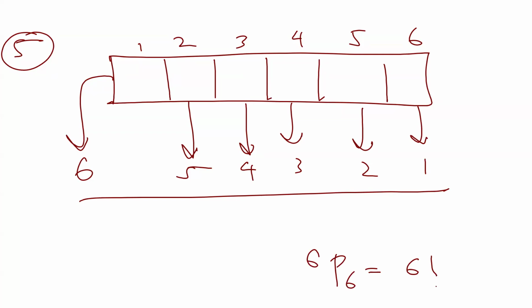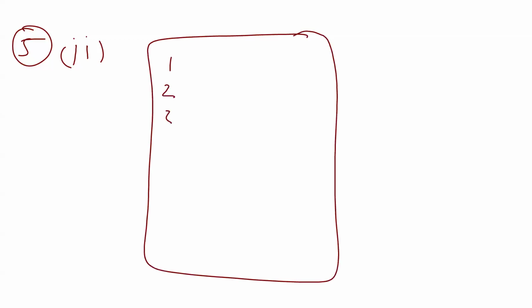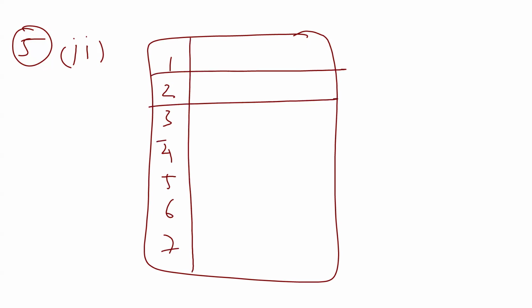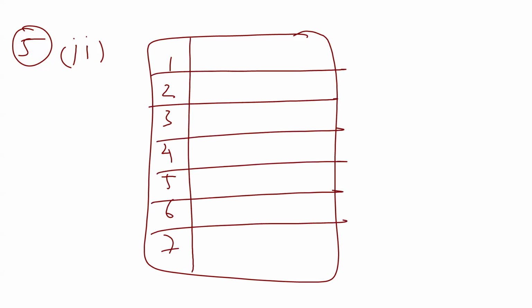This was 5 sub question 1. Let's go to 5 sub question 2. 7 candidates are contesting an election. In how many ways can their names be listed on a ballot paper? Ballot paper is a piece of paper on which the listing of names is done. So the first name can be filled in 7 ways because there are 7 candidates.